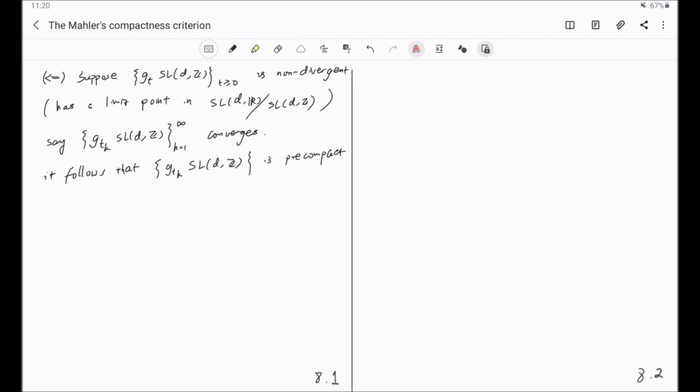However, by Mahler's compactness criterion, a precompact subset in the space of unimodular lattices must stay away from a small neighborhood of the origin.